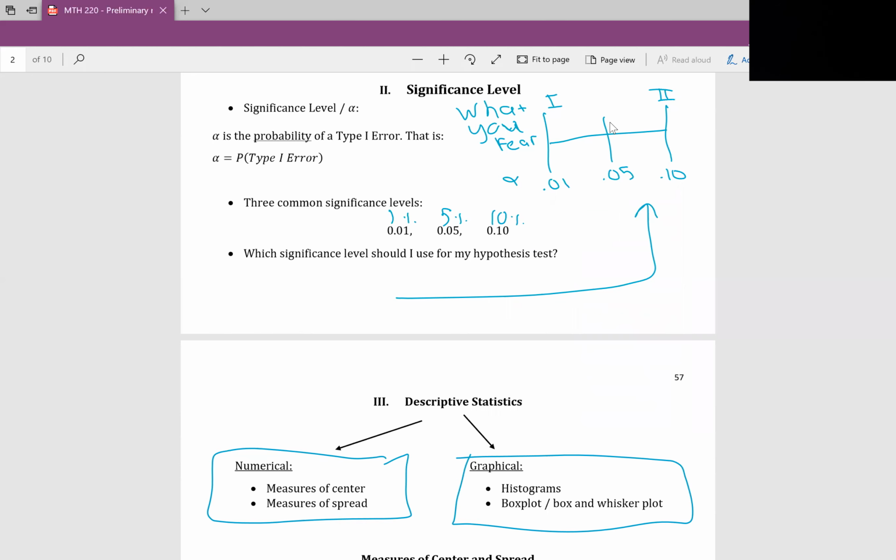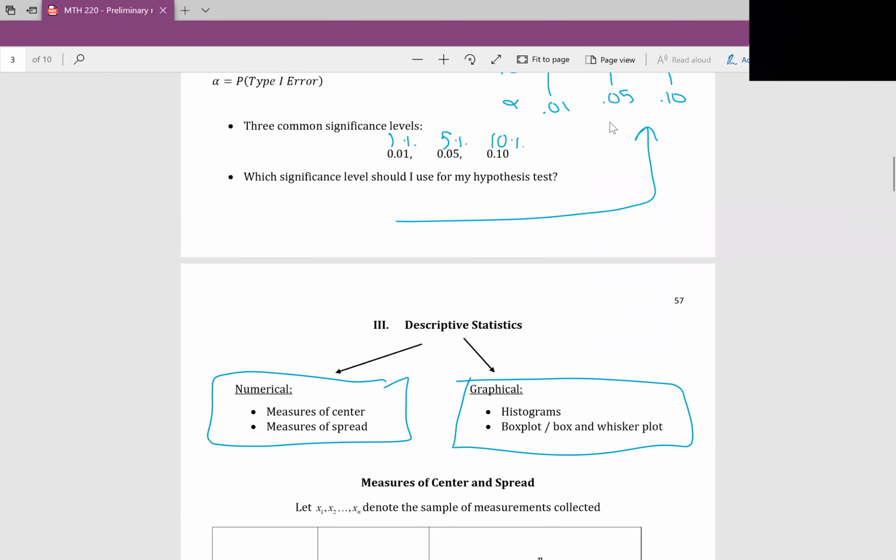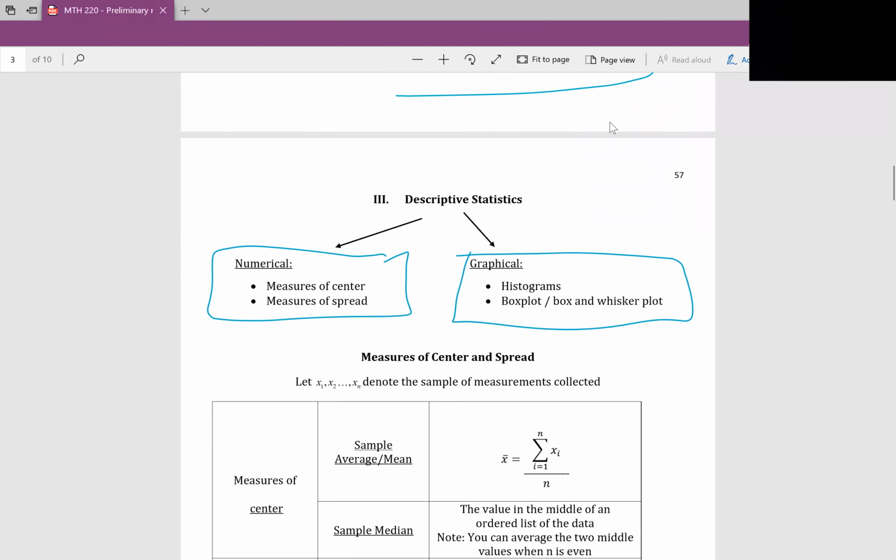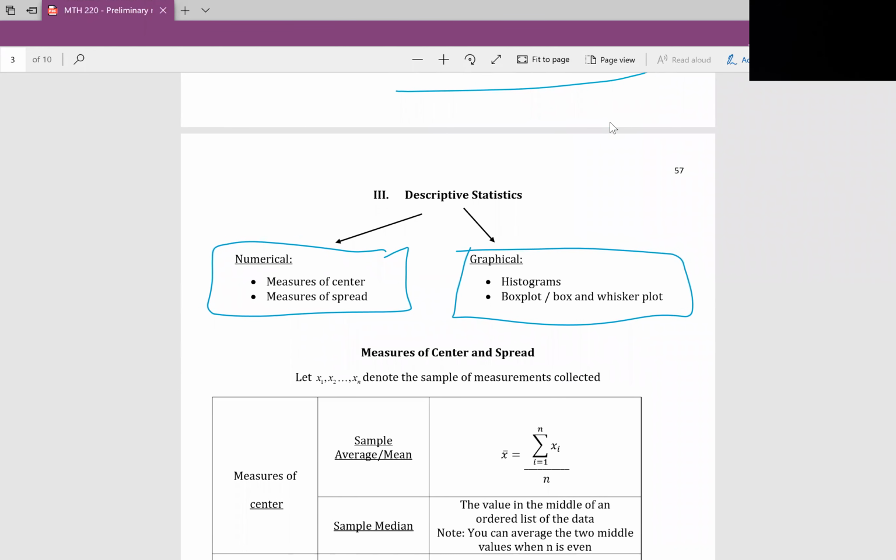First, I would like to talk about the two types of measures of center. We have sample average or sample mean and sample median. Sample average, that's the way you calculate any average. If you're wanting to calculate your quiz average for my class, what are you going to do? You're going to add up all your quizzes and divide by the number of quizzes we took.